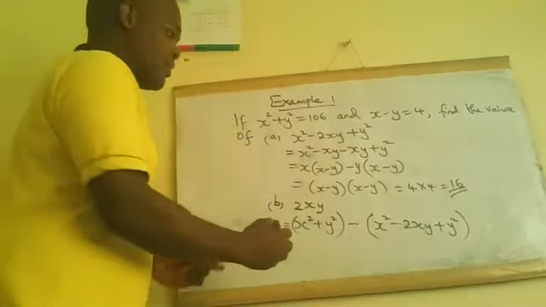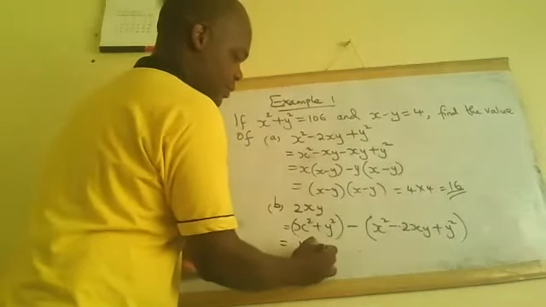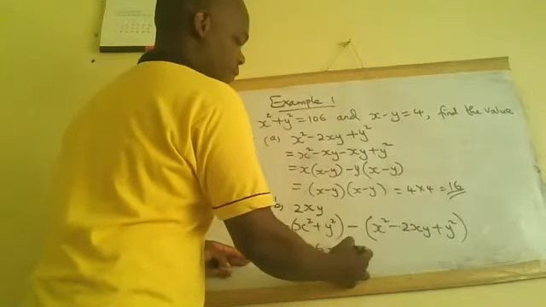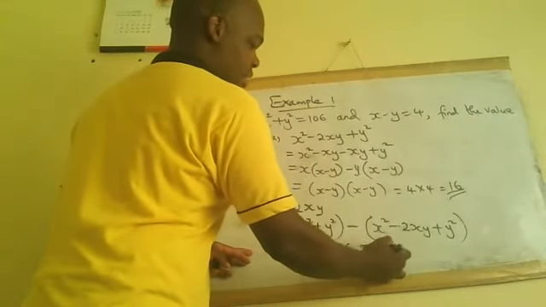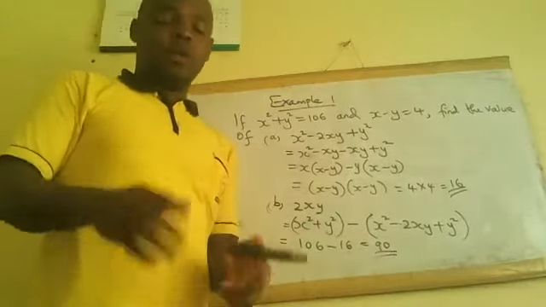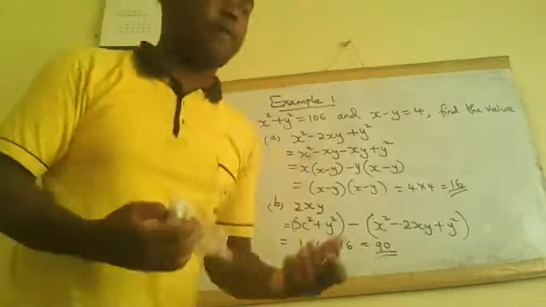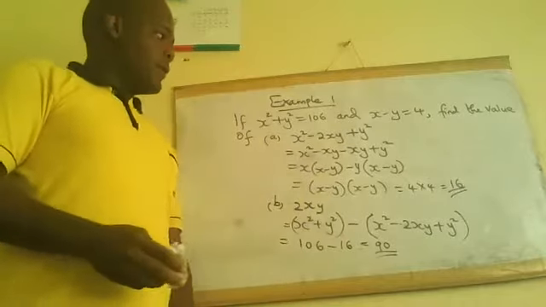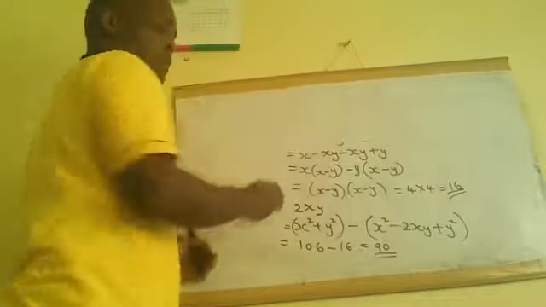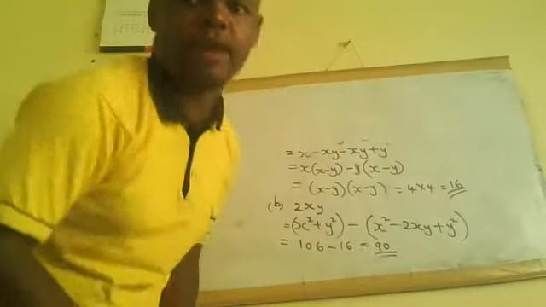And the x squared plus y squared is 106 minus, and then this one we got 16, and the answer is 90. So 2xy is 90. So we are evaluating those without necessarily getting x and y first. So I hope you are writing very fast because we are remaining with around 4 minutes.